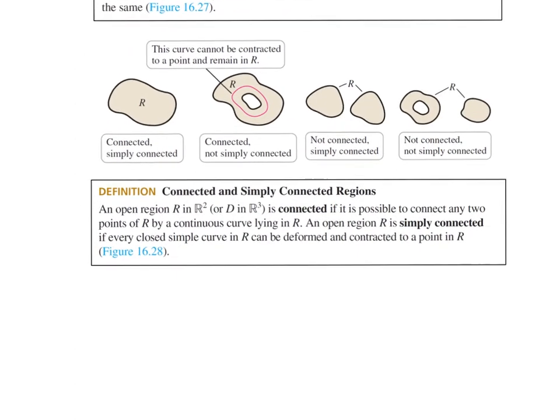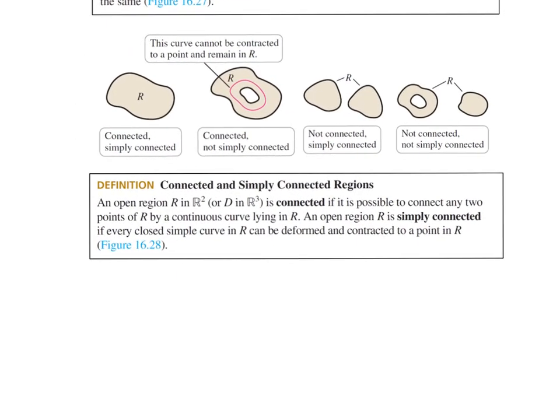The next thing we want to talk about is region. A region is typically what we look at when we're looking at three-dimensional space. When we talk about regions, we're going to be concerned with connected and simply connected. These four diagrams are examples of connected, simply connected, or not connected, not simply connected.